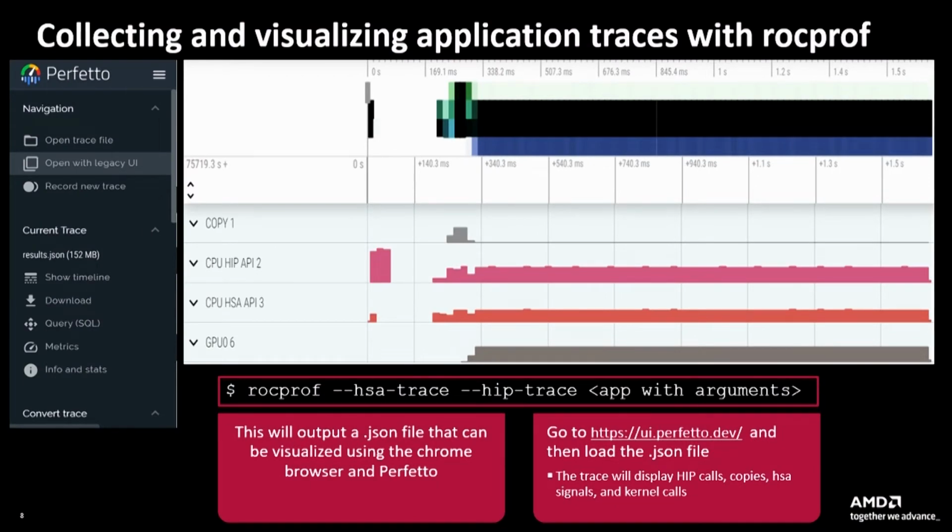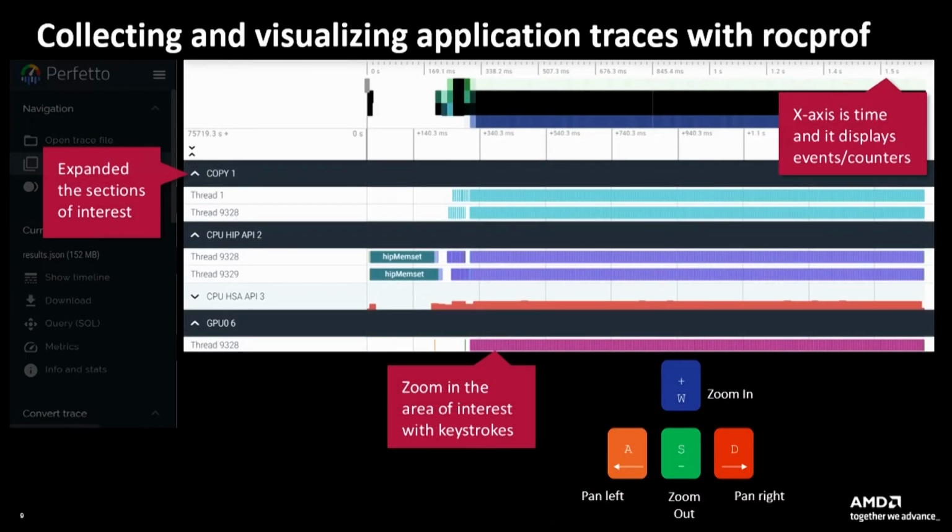I can open Perfetto and see three different things. First, I can expand the sections and see the different copies happening from device to host and host to device. The x-axis on the very top is your time, and it displays all your counters.